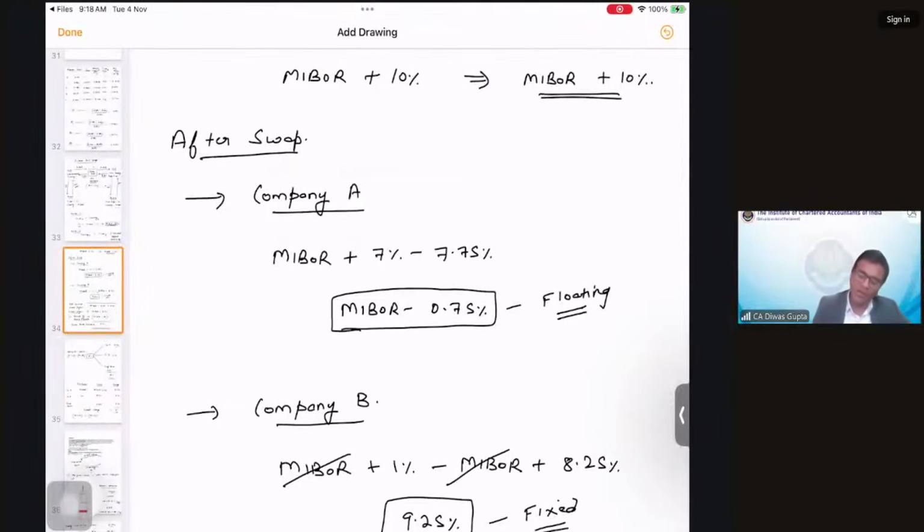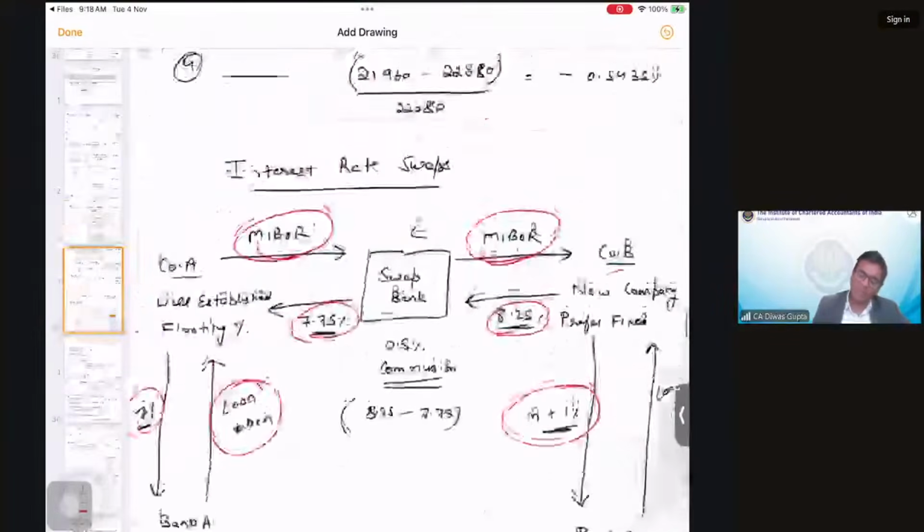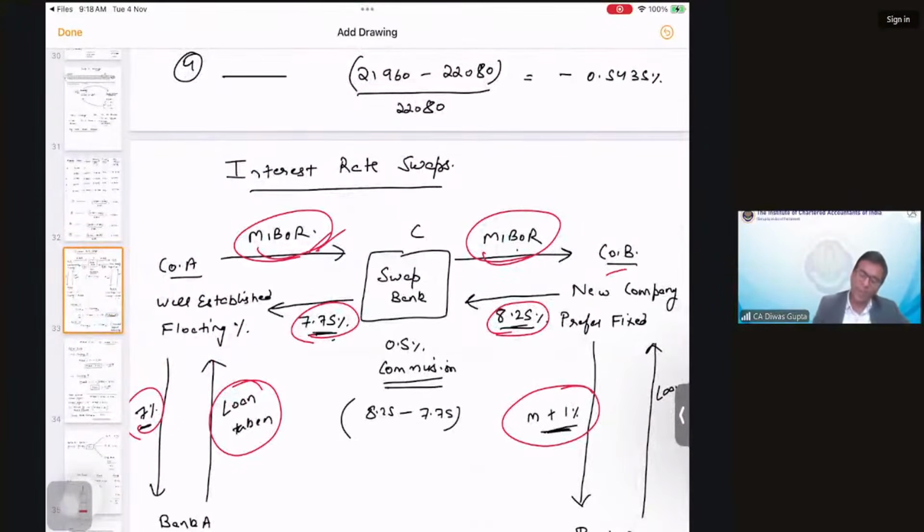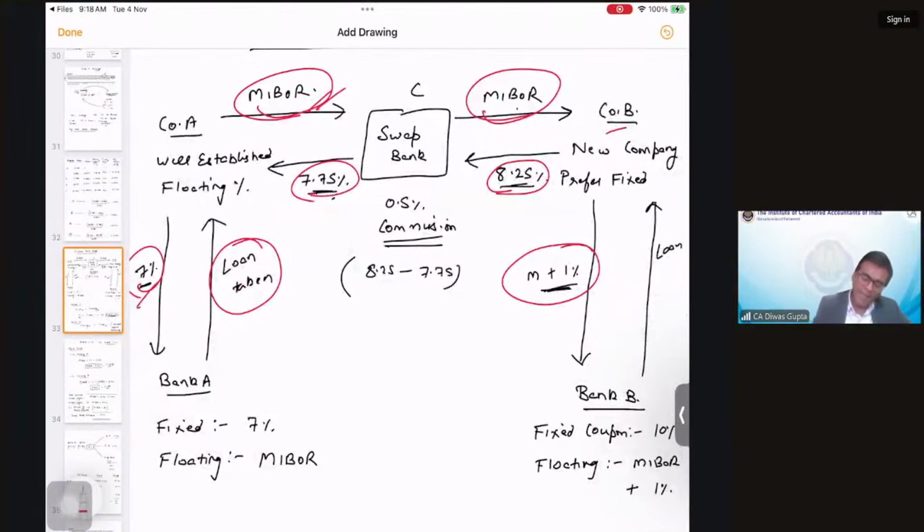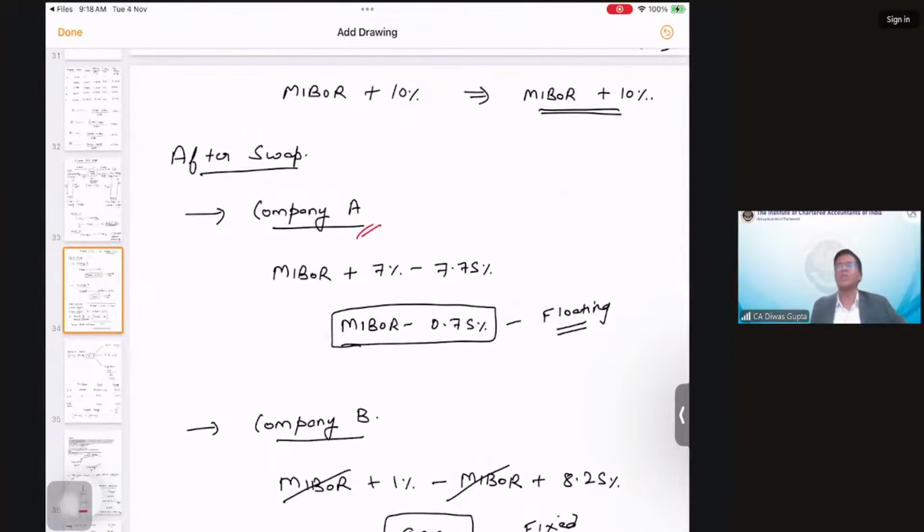Now, after swap, what will happen from company A's perspective? Company A is paying MIBOR to swap bank. It is paying 7% to the bank and it is receiving 7.75 from swap bank. Clear? So that means overall for company A, it becomes MIBOR minus 0.75 percentage, right?